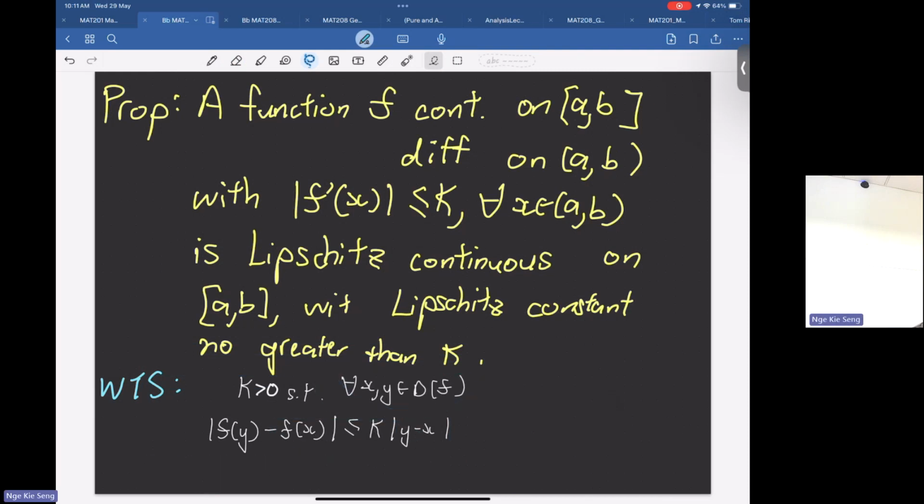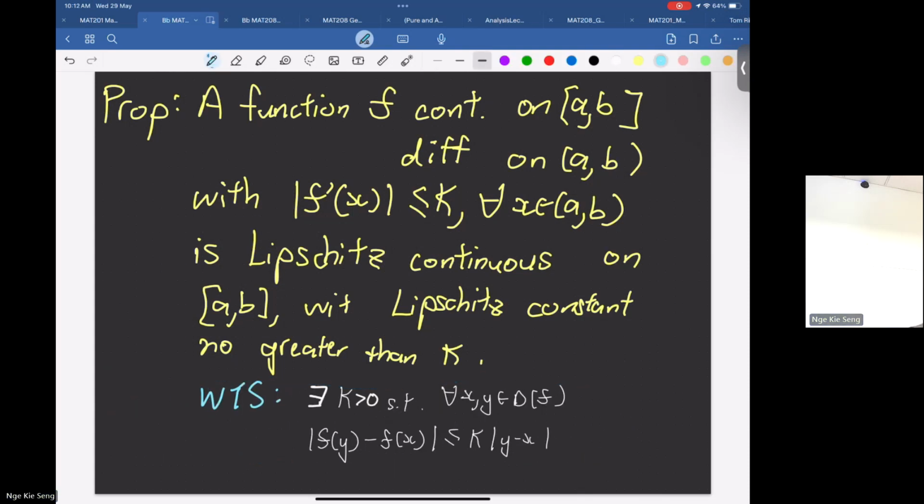So this is what we want to find: the k such that that is true. Any idea?